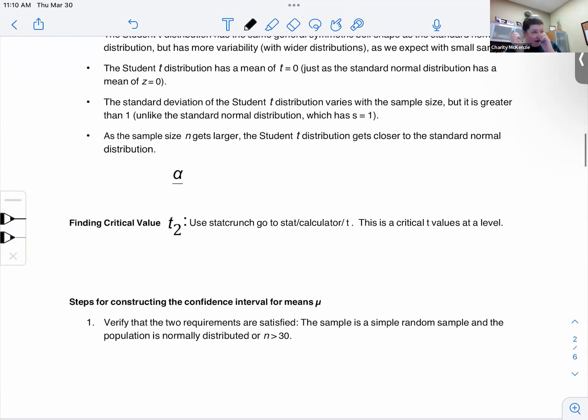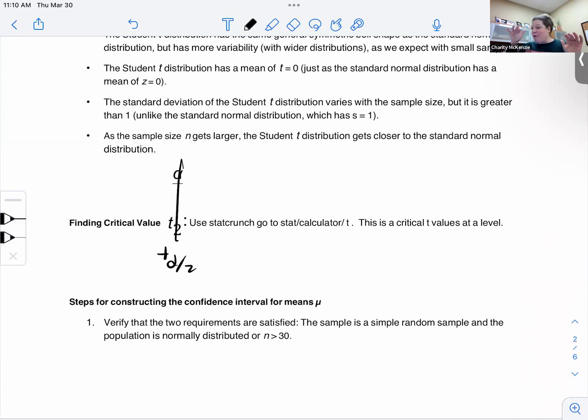All right, so to find that value, we call it our critical value. That's going to be our T two-tail divided by 2, right? We have to go to StatCrunch and use the T calculator. So in order to use that formula for my margin of error, I'm going to have to find this critical value of a T. That is just, on a normal calculator, your Z, right?